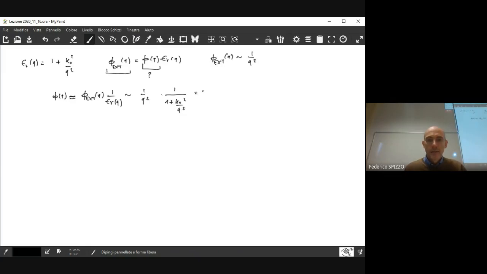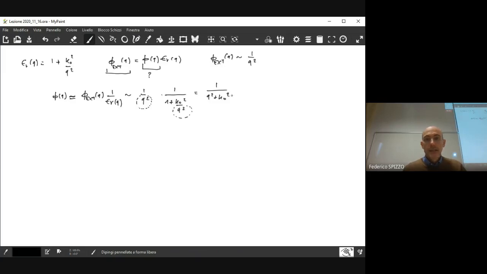And that is equal to 1 divided by q squared plus k0 squared, because this q squared gets simplified by this q squared.